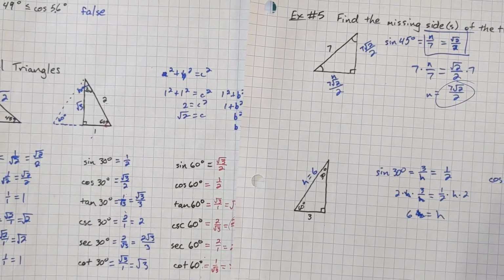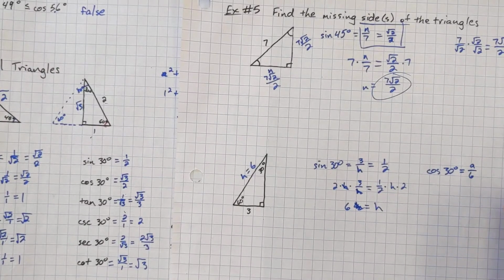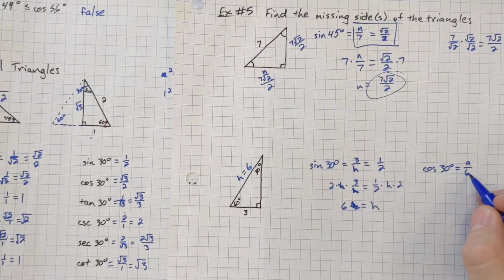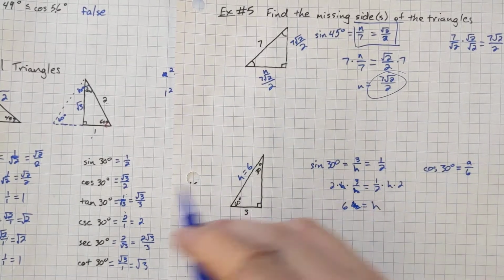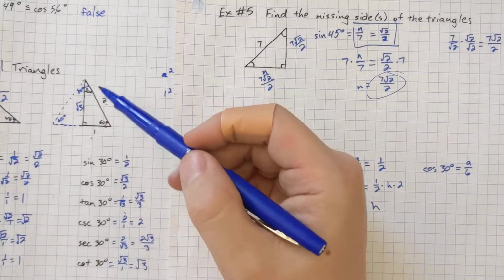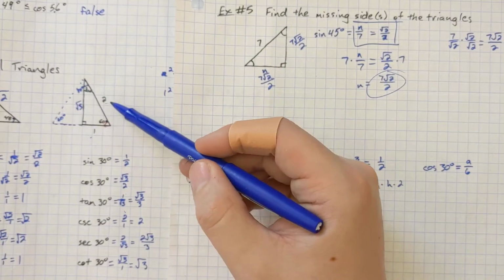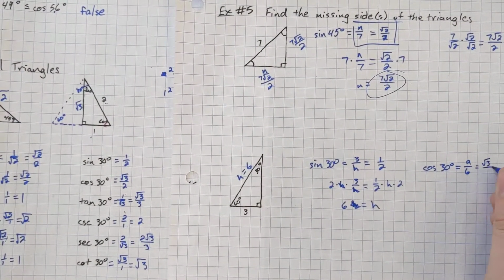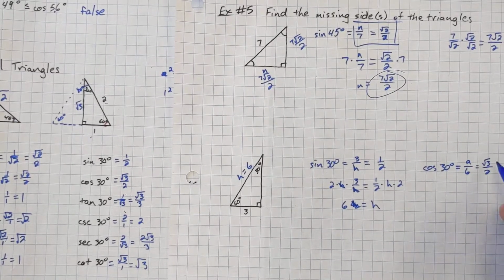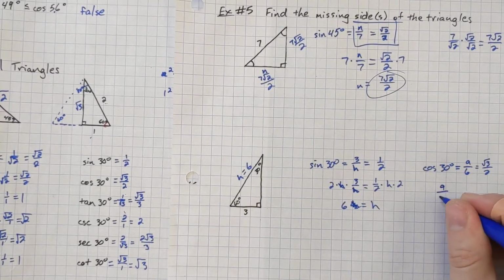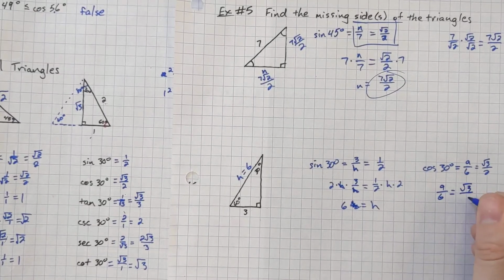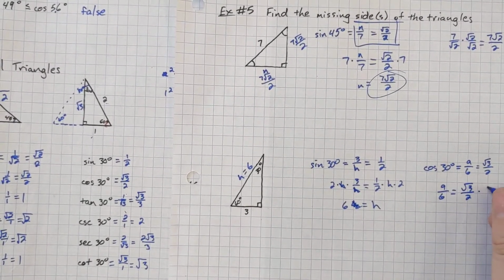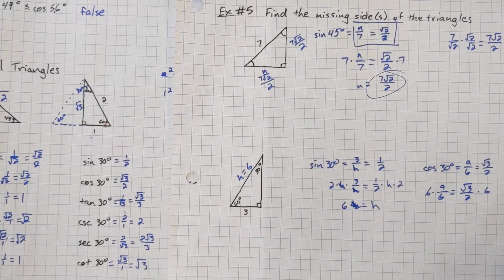So adjacent over 6. If I look back, cosine of 30 degrees, adjacent over hypotenuse, is square root of 3 over 2. Let's rewrite that: A over 6 is square root of 3 over 2. If I multiply both sides by 6, that gets rid of both of those denominators.